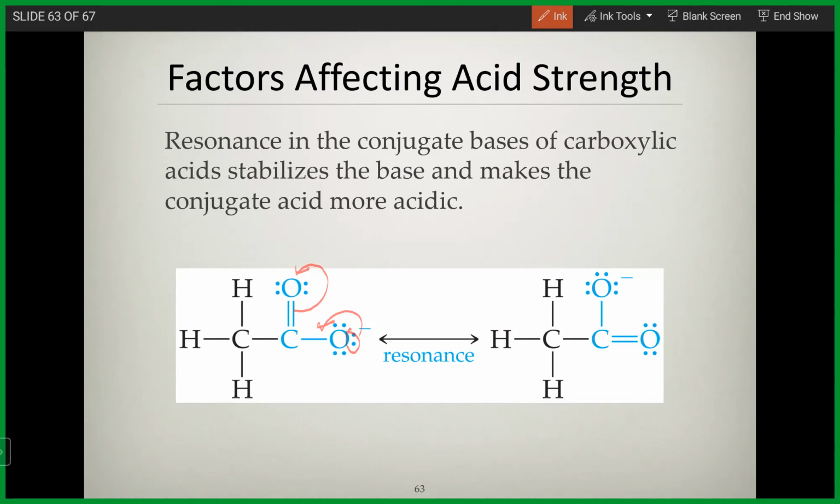So carboxylic acids that have resonance are going to be more acidic because they're going to be more readily able to donate that hydrogen. Whereas if it didn't have resonance, it wouldn't be as stable and would be more likely to keep that hydrogen attached to the molecule. The resonance makes it stable and allows that hydrogen to dissociate more easily. That's why it's going to be a more acidic substance than if it didn't have the resonance.